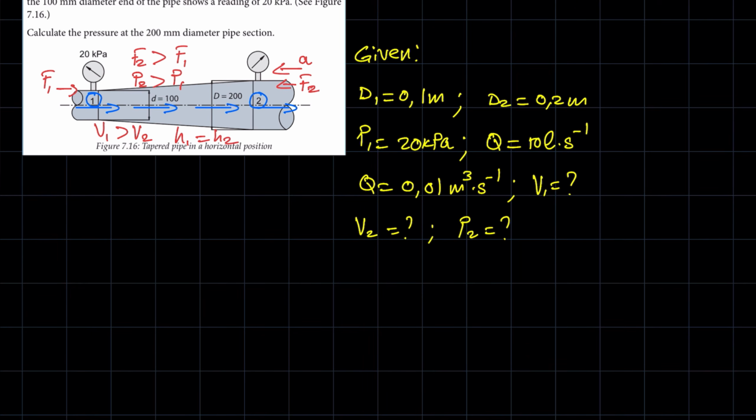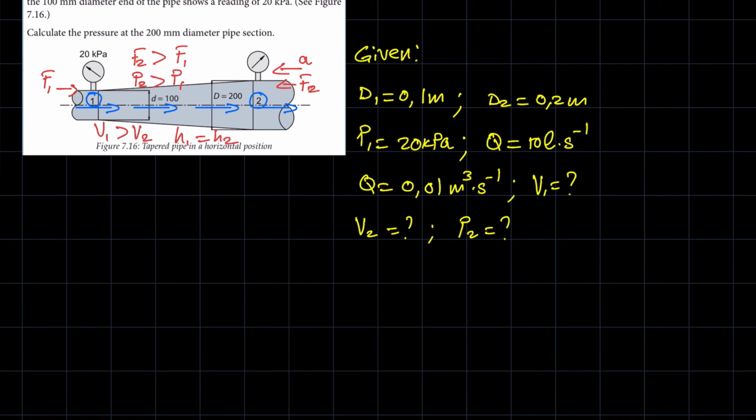If the pipe is horizontal, whether it's tapered or not, then the height in section 1 and section 2 will be equal. So when applying Bernoulli's, whether you've been given the height or not doesn't really matter, because it's going to cancel anyway.